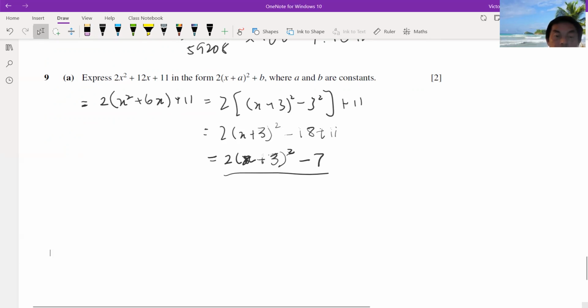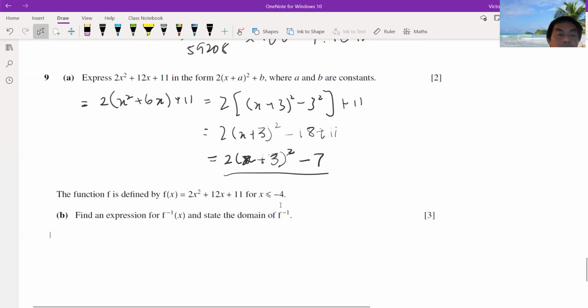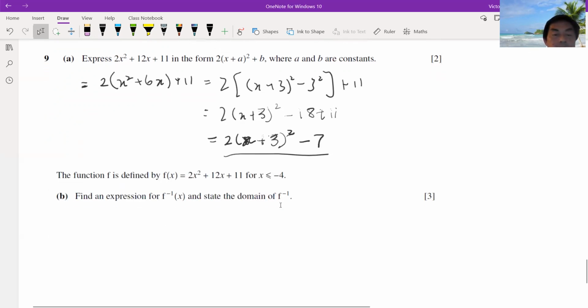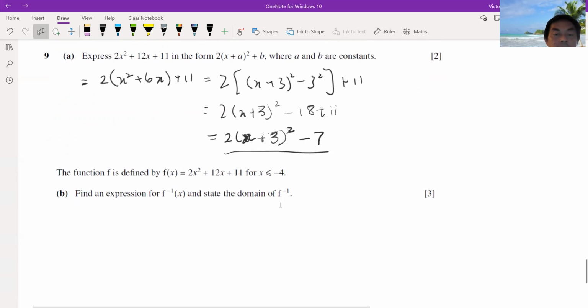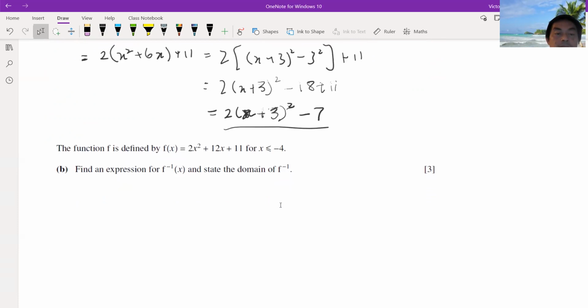This is a question on function. A function is defined by f(x) for x smaller than or equal to -4. Find an expression of f inverse of x. So you would have a graph. This graph will have a minimum point of (-3, -7).